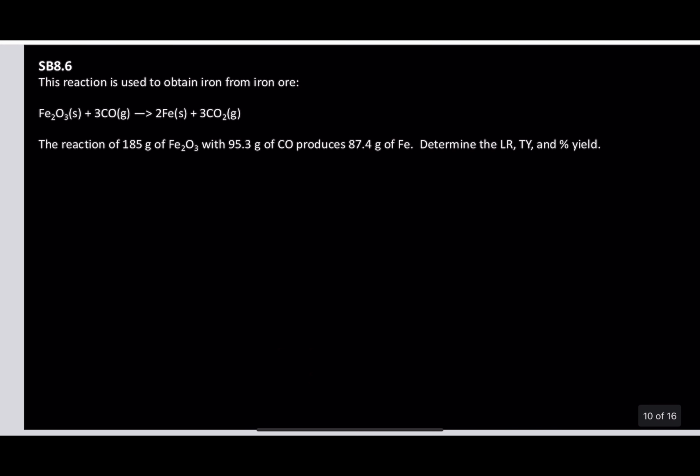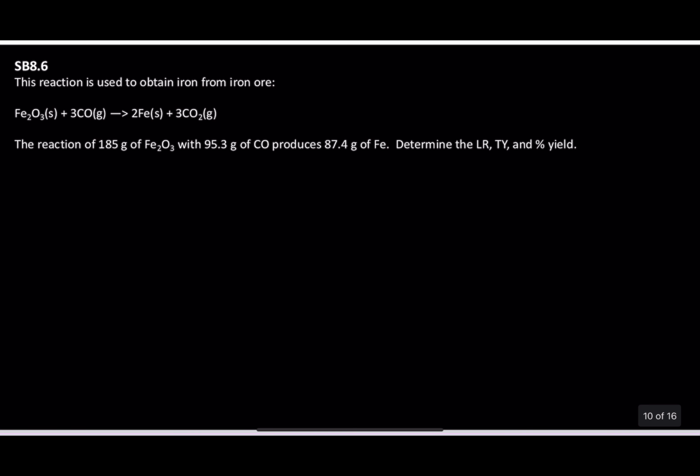Okay, next up, 8.6 says we've got this reaction to obtain iron from iron ore. Now let's say you were like, iron ore, what? But this is a reading problem first. So yes, there's chemistry in here, but we also have to pay attention to the problem. We're trying to obtain iron, obtain meaning that it's on the product side. There's my iron, which means that this other compound that has iron in it must be the iron ore.